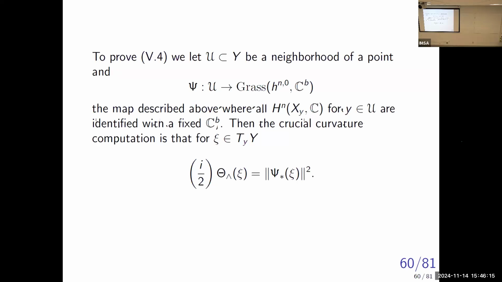That's the curvature form in the vector bundle whose fibers are the holomorphic sections of the canonical bundle along the fiber. So the curvature computation from yesterday is that the curvature form is just the norm of the differential of this map.